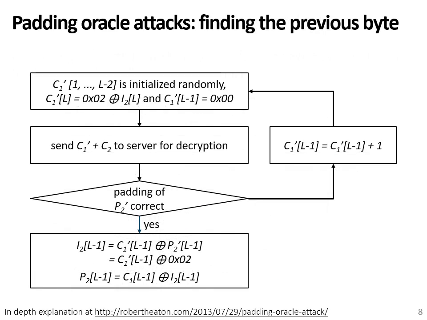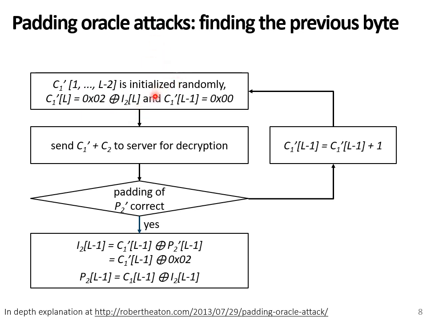Now this process can be repeated to derive the previous to last byte as well. We already know the real last byte of the intermediary state I2, and now we want to force the padding of the last 2 bytes of the decrypted message P2- to be 0202. So we make sure that the last byte of C1- now will ensure decryption of the last byte to 02 by setting the value to 02 XORed with the last byte of I2, which we already found out in the previous step.